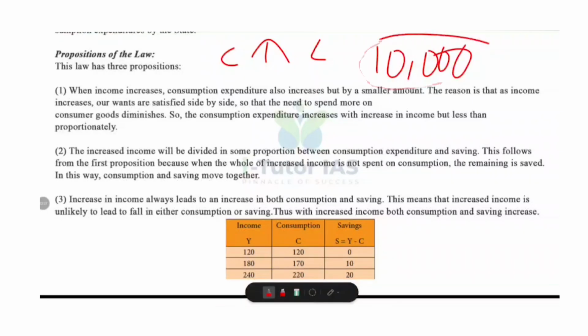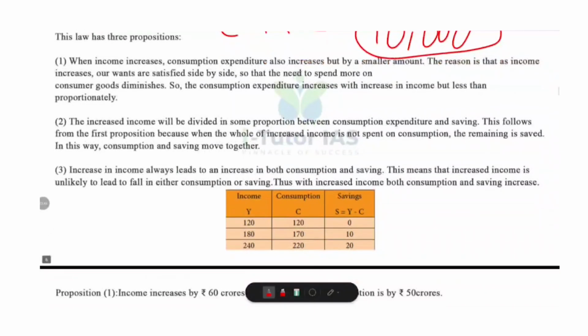But you might save rupees 2,000. So consumption increases, but less than proportionately to income. Why? Because as income rises, many basic wants are already satisfied. The need to spend on consumption gradually declines. Okay, what is the next proposition?